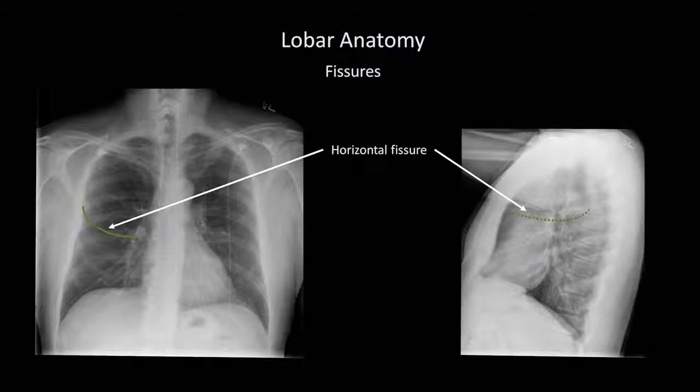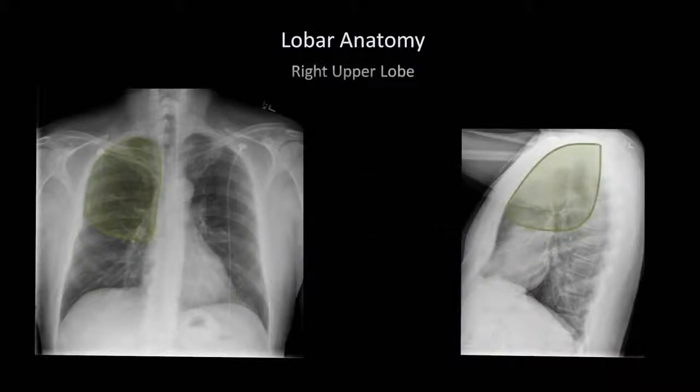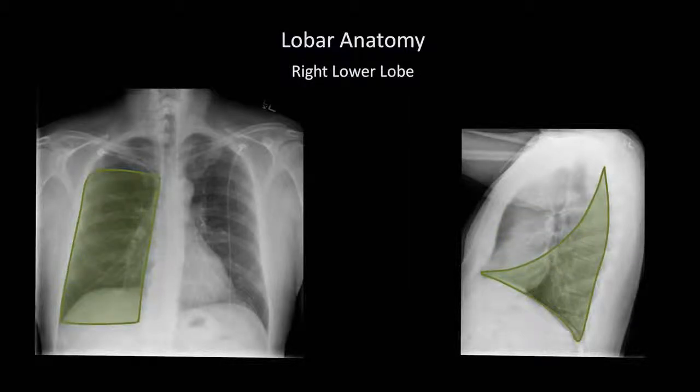The oblique fissures are located here, but because they run at oblique angles to the X-ray beams in both the PA and lateral views, they are usually not visible in either. The right upper lobe is located here, and the right middle lobe, most notably making a wedge shape as seen from the side, and the right lower lobe, which not only comprises the most inferior portion of the lung, but most of the posterior surface as well, frequently extending up as high as the aortic arch.